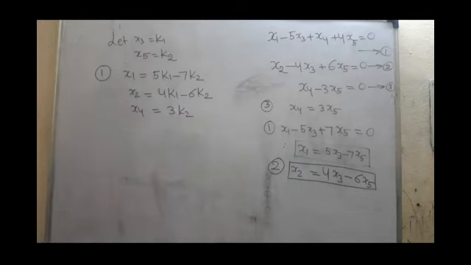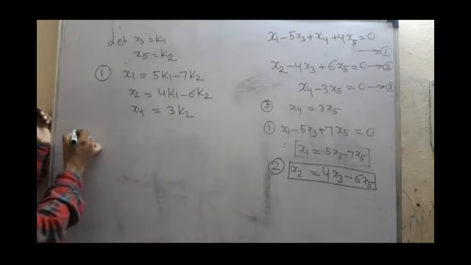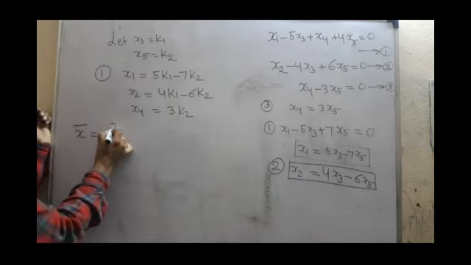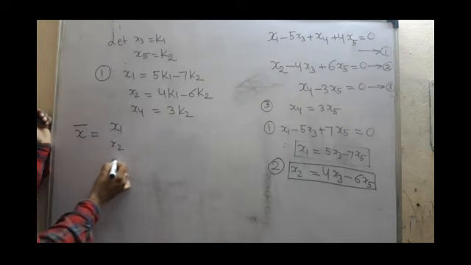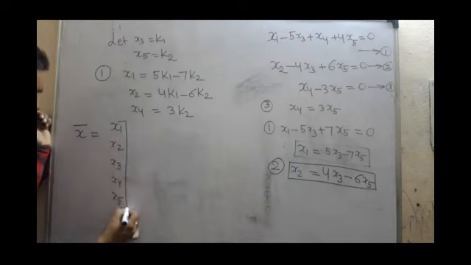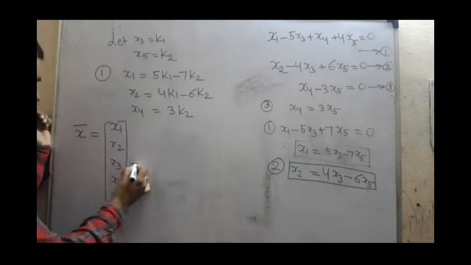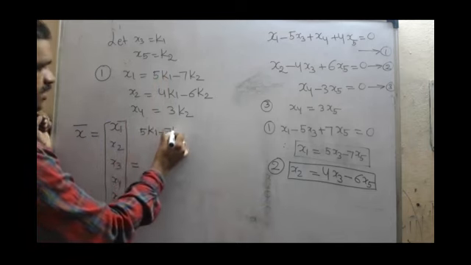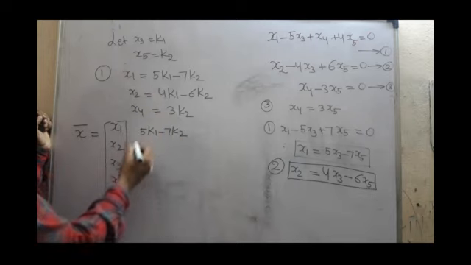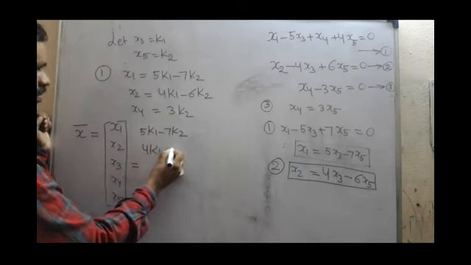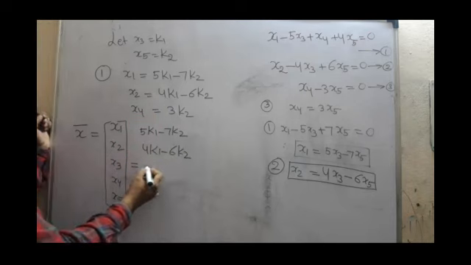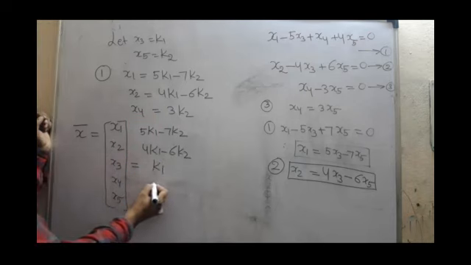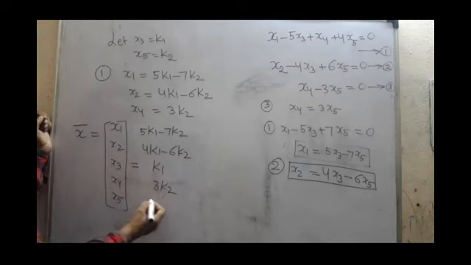Now we got all the values x1, x2, x3, x4 and x5. Now x bar is equal to x1, x2, x3, x4, x5. Substituting: x1 equal to 5k1 minus 7k2, x2 equal to 4k1 minus 6k2, x3 k1, x4 3k2, x5 k2.